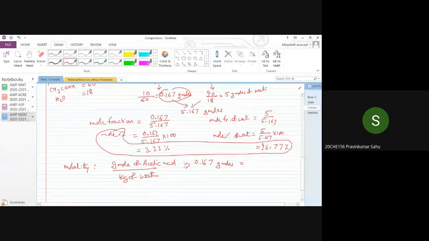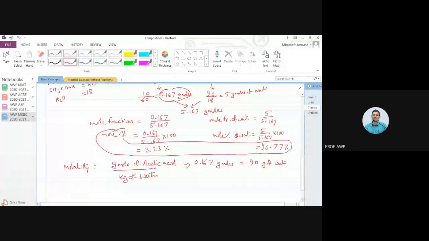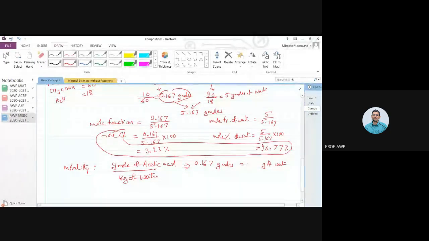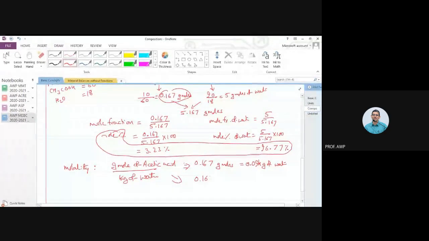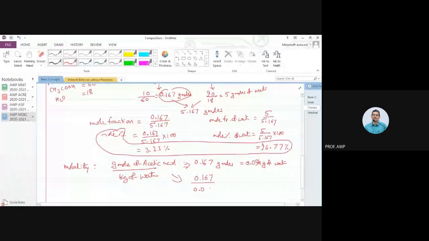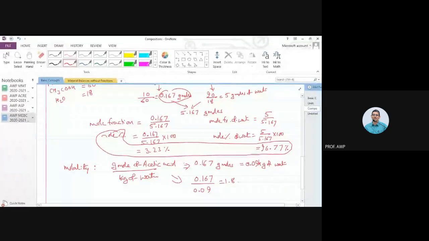It is in 90 grams of water. 90 grams of water means 90 divided by 1000, 0.09 kgs of water. So molality would be 0.167 divided by 0.09 gram moles per kg. That is nothing but 1.86.